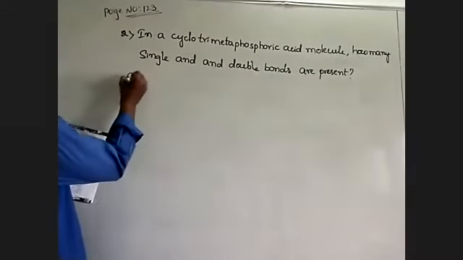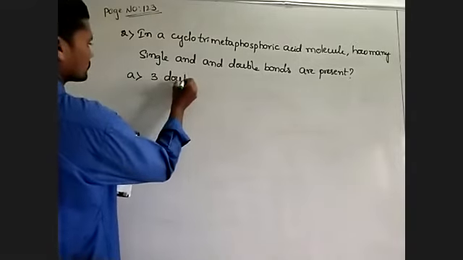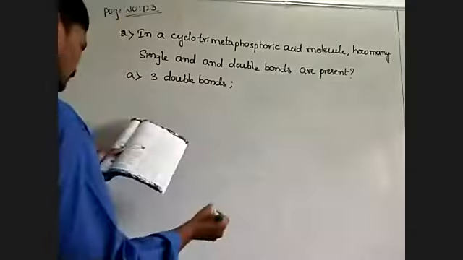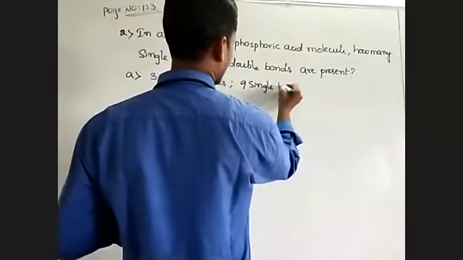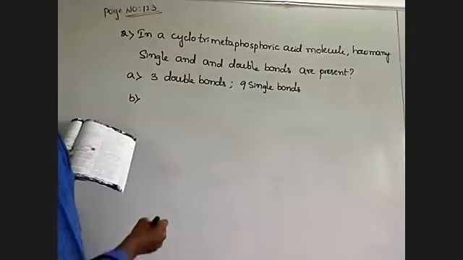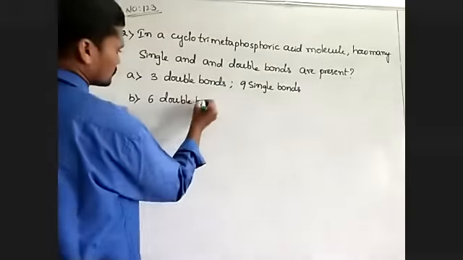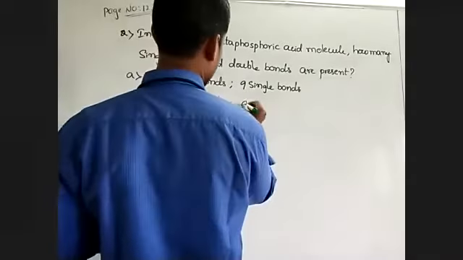Option A, 3 double bonds, 9 single bonds. Next B, 6 double bonds, 6 single bonds.